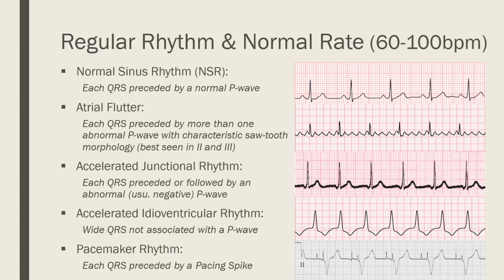Each QRS is preceded by a pacing spike. And also this is dual spikes: the first spike for the atrial stimulation and the second spike for the ventricular stimulation.